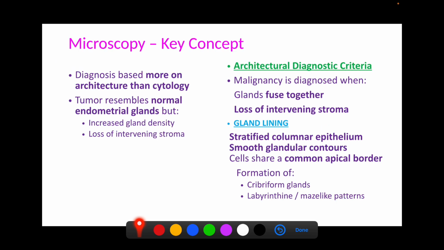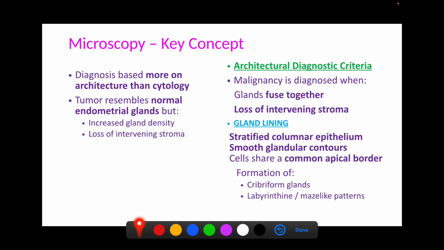Now, microscopically, this tumor is diagnosed based on architecture and then cytology because it resembles normal endometrial glands. We have to look for gland density which is increased and there is loss of intervening stroma.